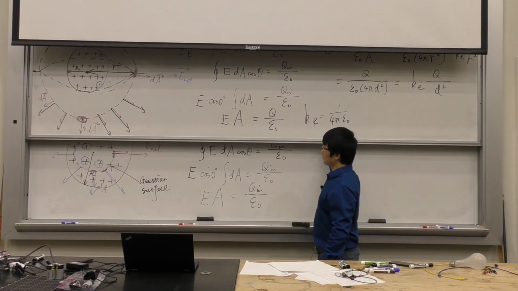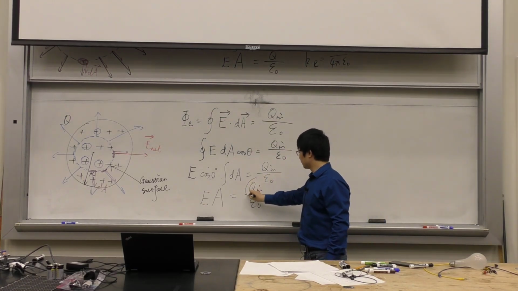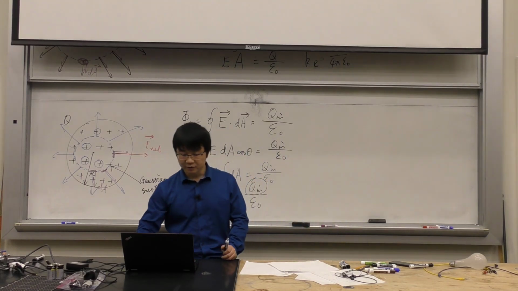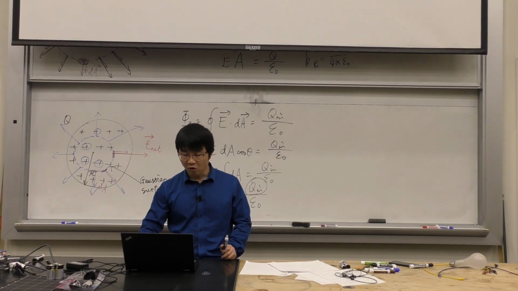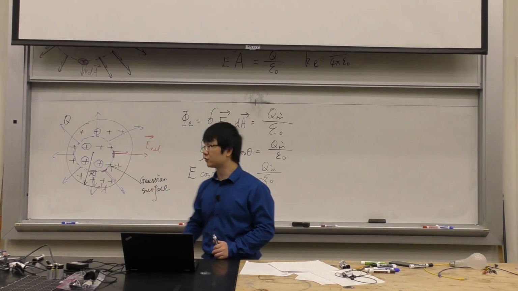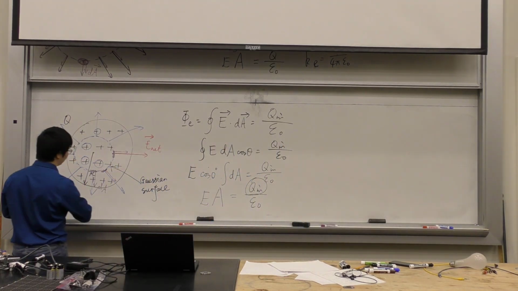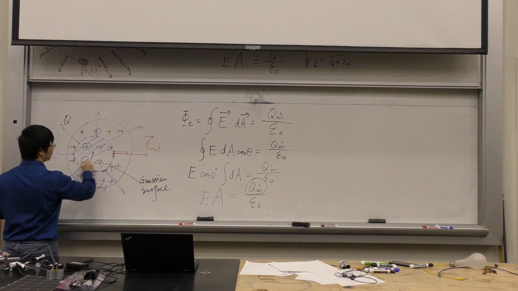No. Because this Q in is going to be different. Why? Because the Q in is the charge inside the Gaussian surface you drew, okay? What is the Gaussian surface I drew here? This is the Gaussian surface.